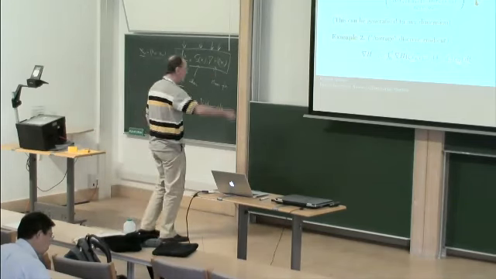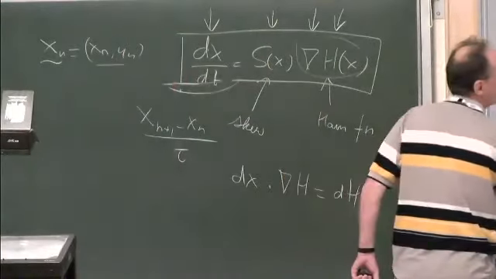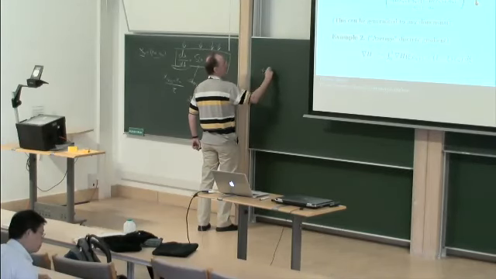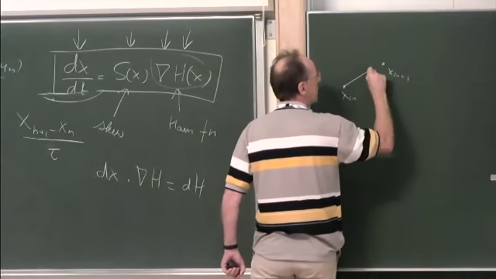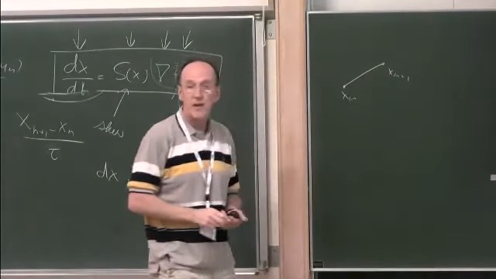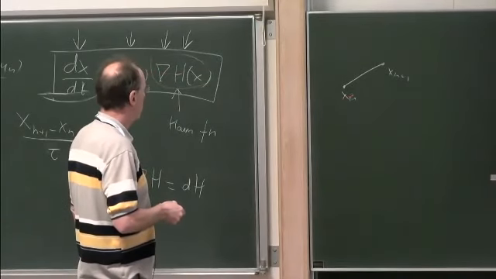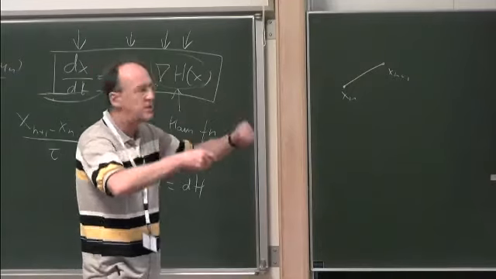So this integral just means that, well, I should probably do that over here. You have the point xn here, and a new point xn plus 1 over here, and then you take an integral over a straight line path from the old point to the new point. Of course, you don't know the new point, so this is an implicit method.